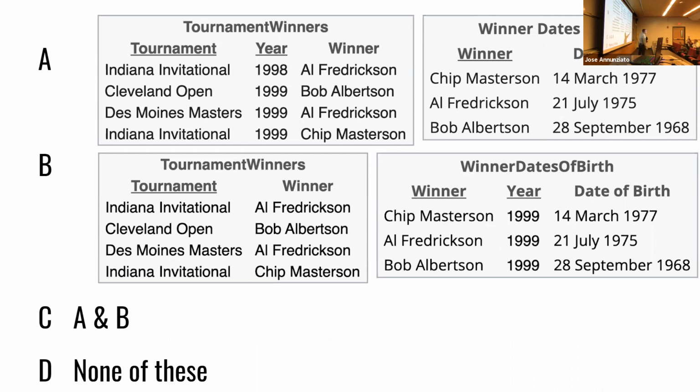Now the birth dates are dependent on the primary key winner, and that's okay. We want that the dates are now dependent on the primary key of the winner, and then there would be some relationship between the winner referencing this here. These now would be foreign keys pointing to the primary keys over here, and then you can join these two to find what the dates are. I'll give you several options, of which you would choose which one is a better solution of how to split this and maintain the same data.